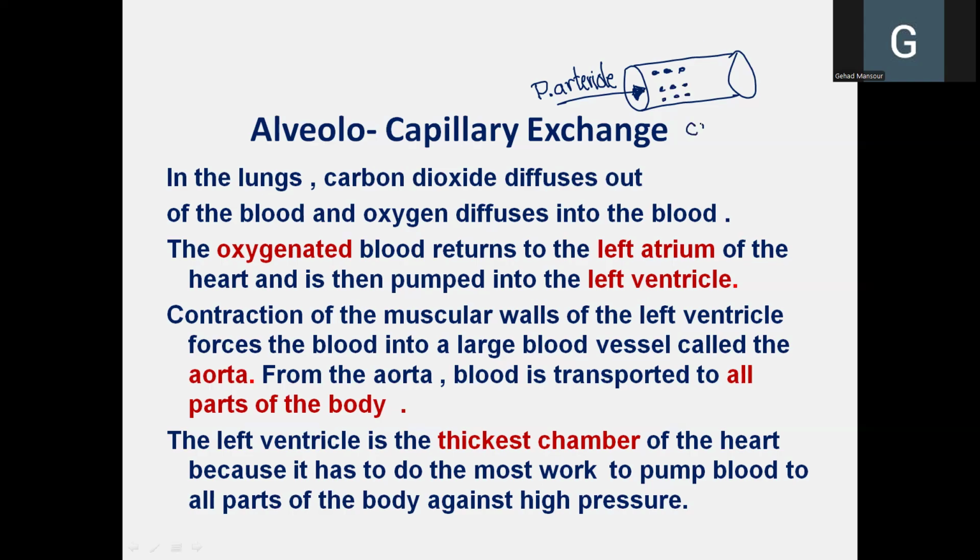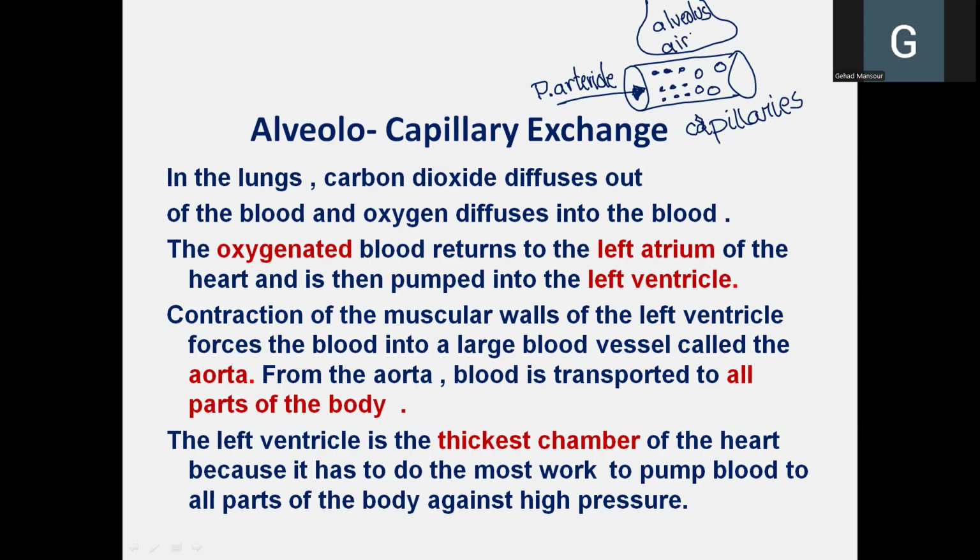The pulmonary arterioles divide into very small blood vessels called capillaries, and these capillaries have pores. Every capillary in the lung is surrounded by an alveolus or an air sac. So we are now where?